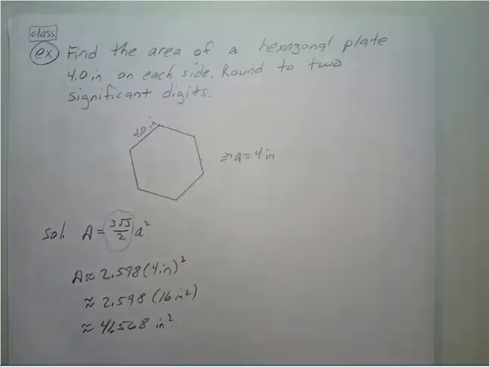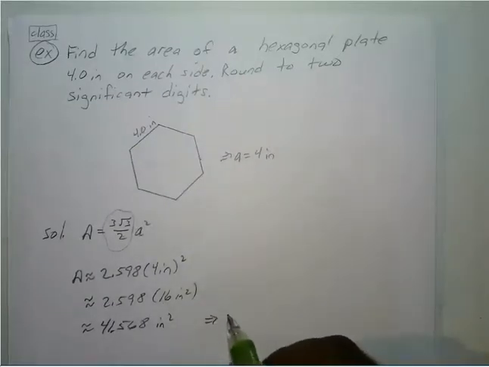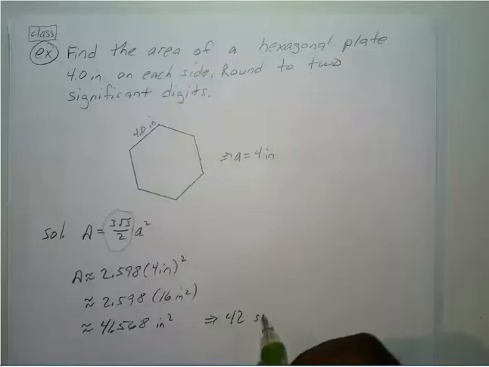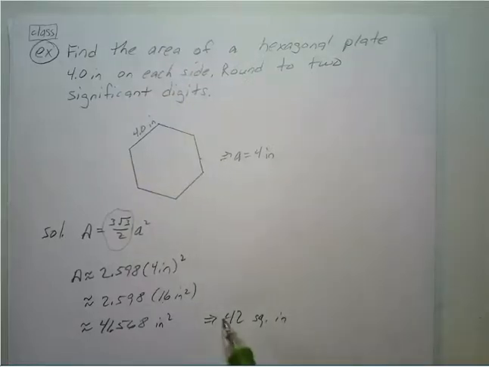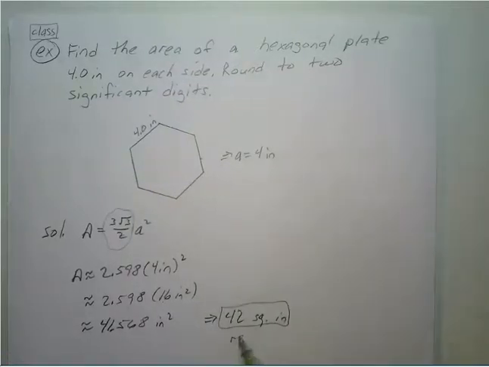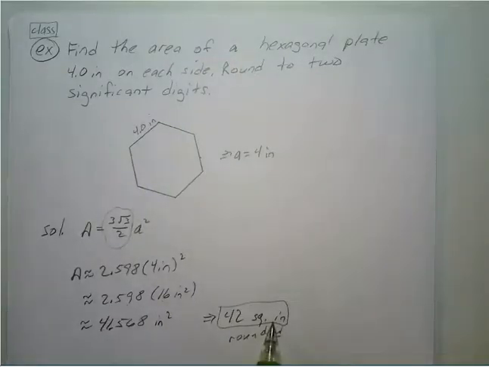But if we round this to two significant digits, we end up with 42 square inches after we round it. And remember, square inches and inches squared, these two measurements are the same.